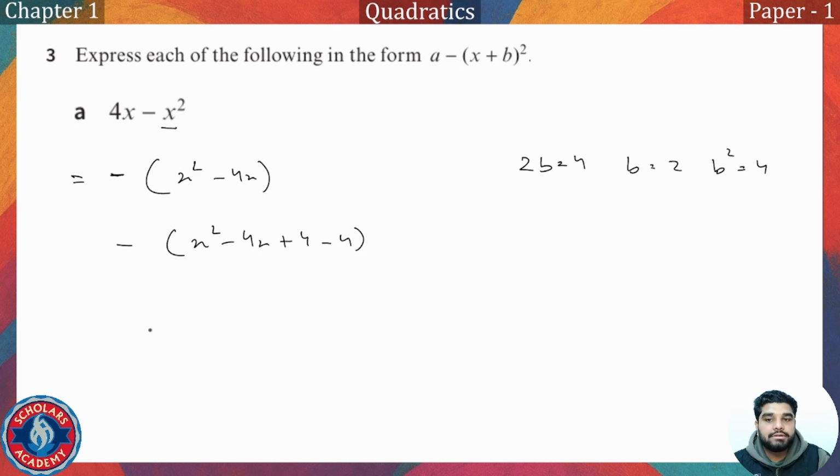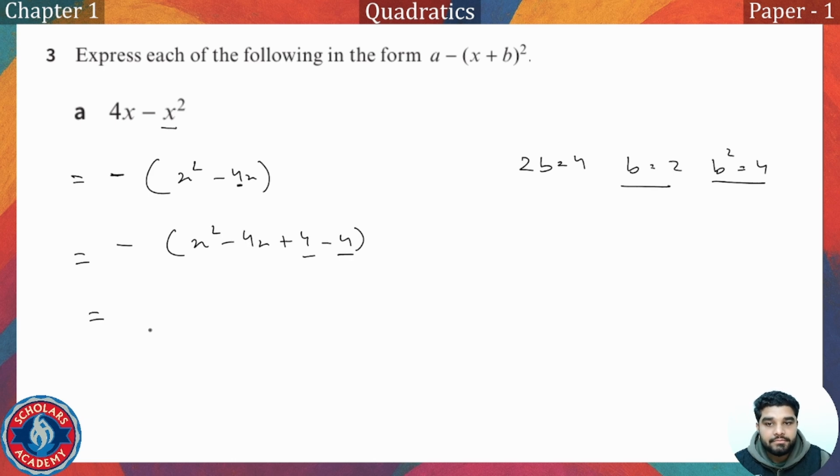Any doubt up till here? Okay, what we did, we took negative common, then the sign changed, x square minus 4x. This term was 2b, so b is 2 because 2b was 4. b square becomes 4, and we get adding 4 and subtracting 4.